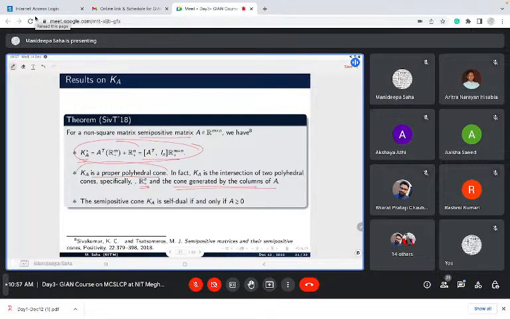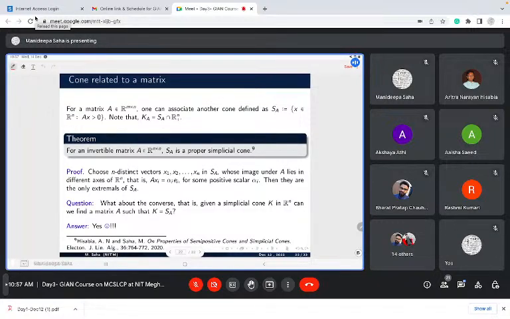If you look at the proof, they proved that K star is a polyhedral cone, and since K star is a polyhedral cone, therefore K is a polyhedral cone. Another very nice consequence is that this is a self-dual cone if and only if it is a non-negative matrix. So these are a few interesting results related to the semi-positive cone.